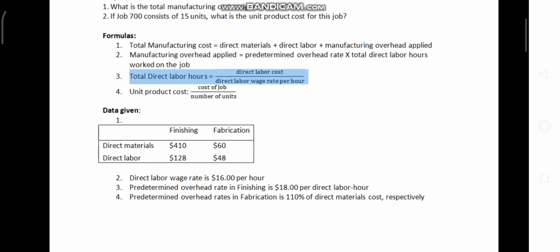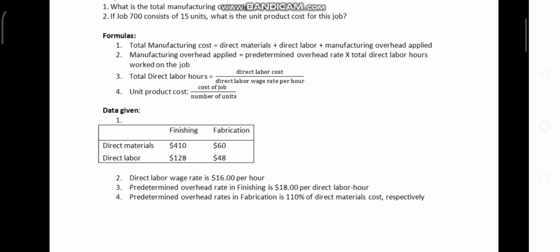I have to calculate the manufacturing overhead separately for both departments. So total direct labor hours is direct labor cost divided by direct labor wage rate. Direct labor cost for finishing is 128 and the direct labor wage rate is $16 per hour. So I'm going to divide 128 by 16.